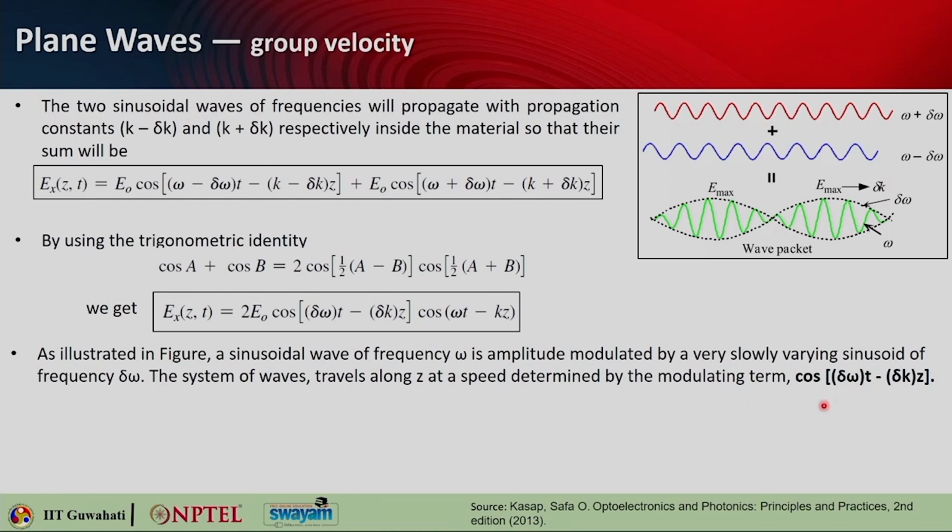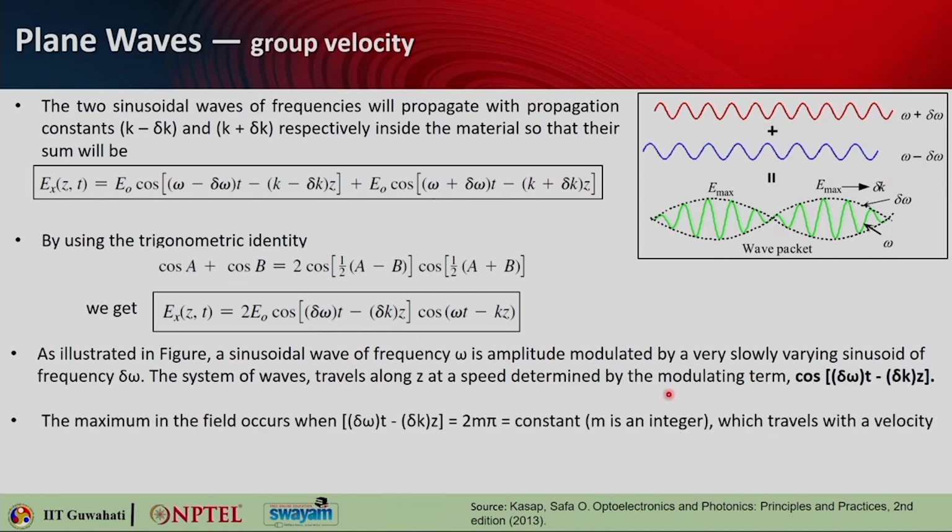Here the modulating term is nothing but cos(delta omega t minus delta k z). The maximum in the field will occur when delta omega t minus delta k z is constant, that is 2 pi m, where m is an integer.